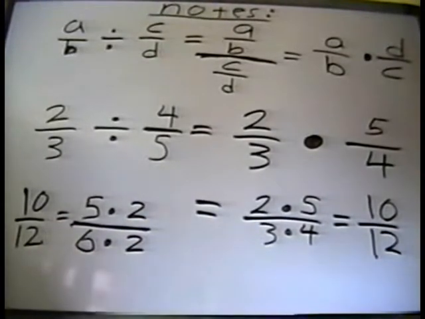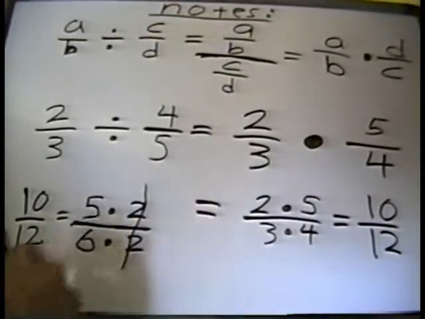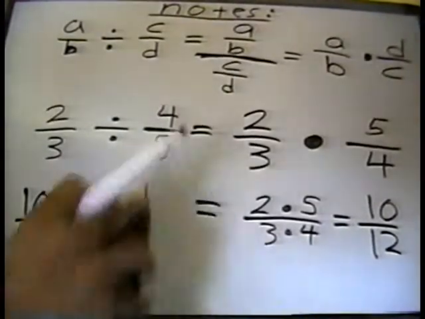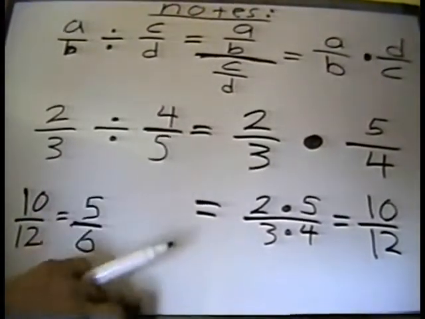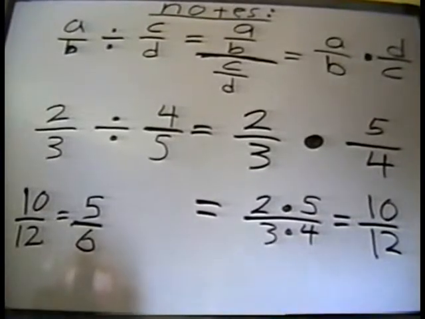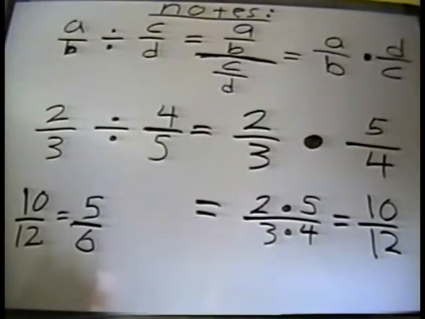We say that's 5 times 2 over 6 times 2. The 2's cancel out. That gives us 5 over 6. Okay?